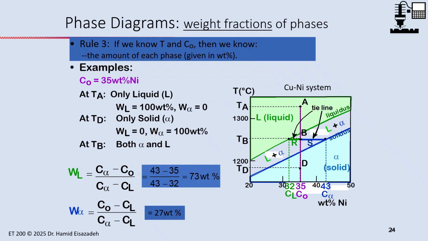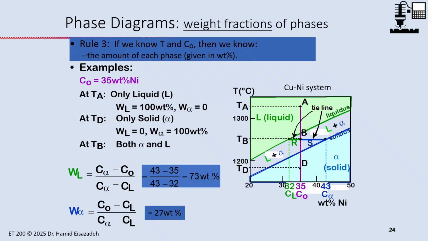So I showed you how we can determine the composition of components in different regions: if you are in the liquid region, in the gray area where you have multiple phases, or in the solid region. But how can we determine the amount of each phase?